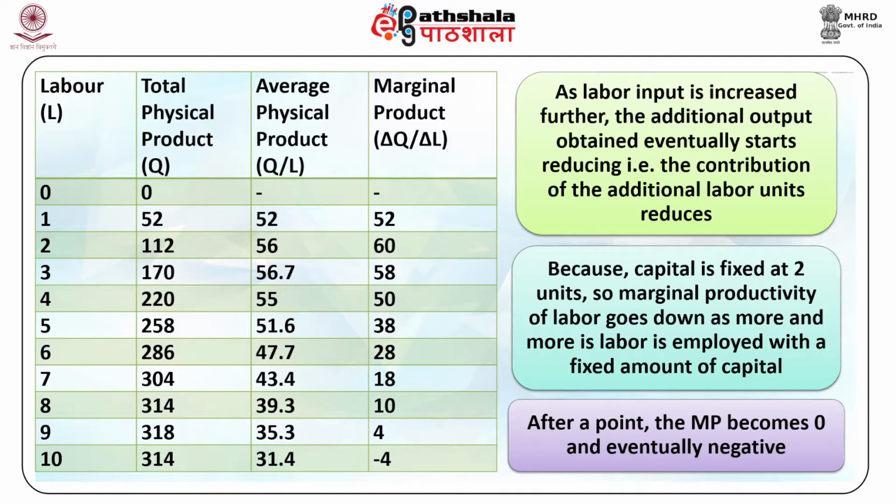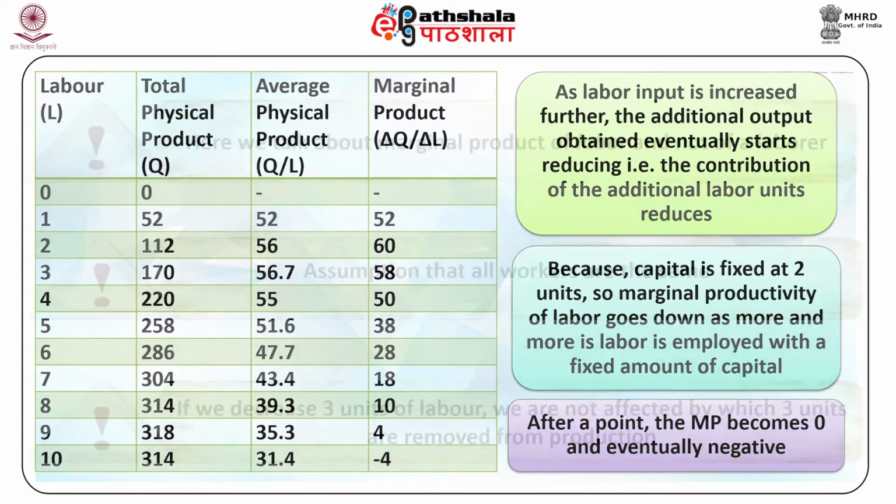This is because capital is fixed at 2 units. So, marginal productivity of labor goes down as more and more labor is employed with a fixed amount of capital. After a point, the MP becomes 0 and eventually negative, which means with the level of capital remaining fixed, employing additional labor will actually reduce output beyond a point.